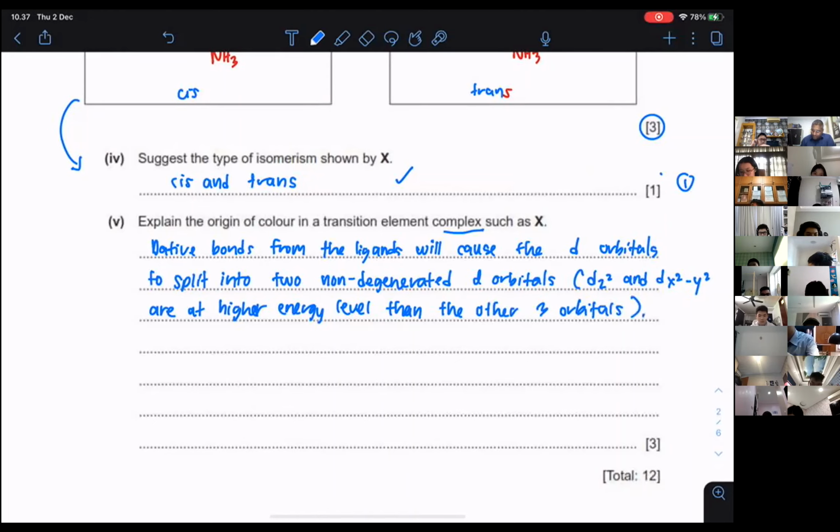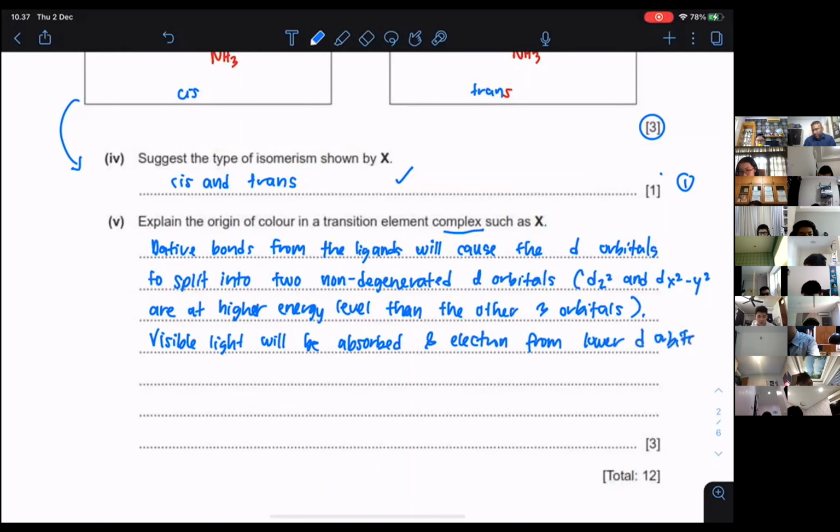The visible light will be absorbed and an electron from lower d orbitals will get excited or promoted to higher d orbitals.